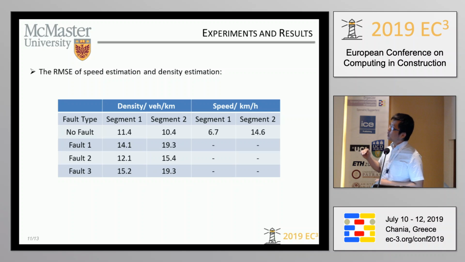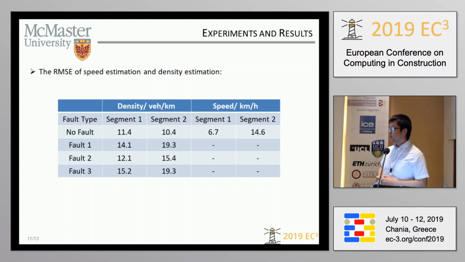And a funny part is the error of the density estimation in segment 2 is larger than the error in segment 1 with the sensor fault. Why does that happen? This is because there are big errors in the speed estimation in segment 2. As you can see, segment 2 has larger errors.